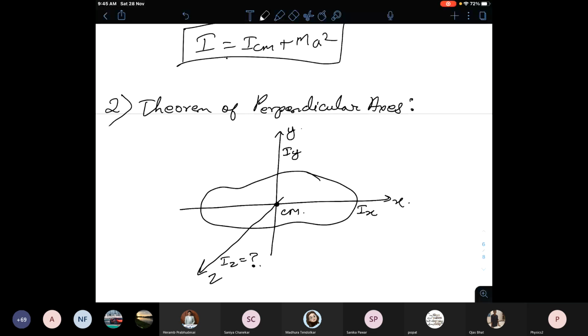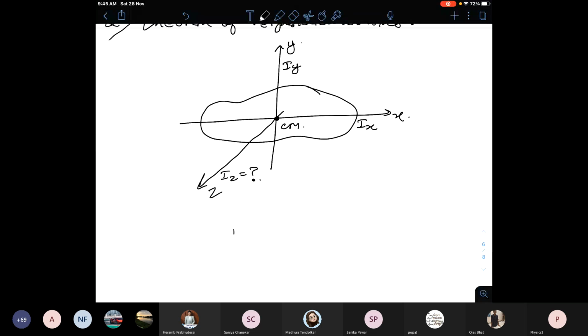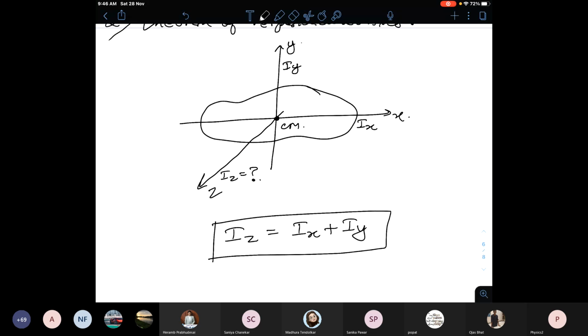As per the theorem of perpendicular axis, the moment of inertia about z is the moment of inertia about x plus the moment of inertia about y. Simple. That's it.